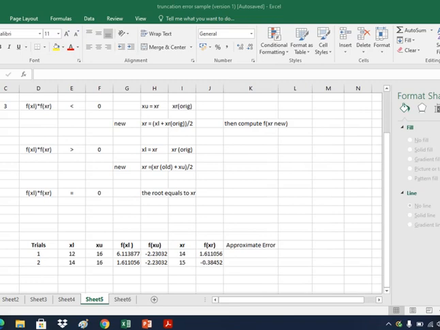Then we will also need to calculate the approximate error. So, anong error yung gagawin natin? Yung sa XR.